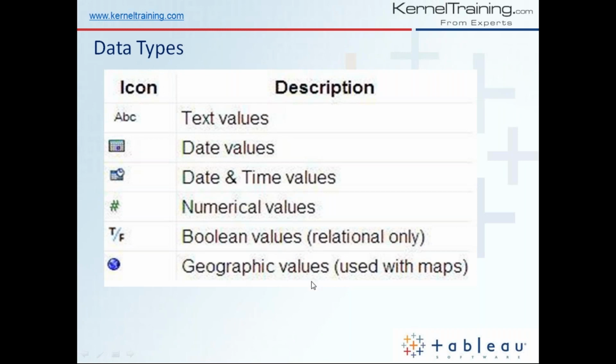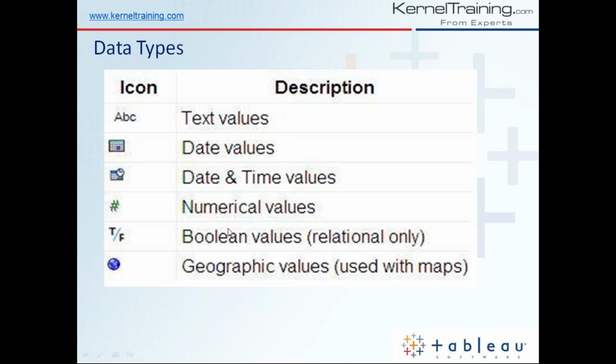Okay, geographical values are basically, for a particular state, how much revenue is generated, or for a particular country how much is generated. So geographical values are the values we show on maps.